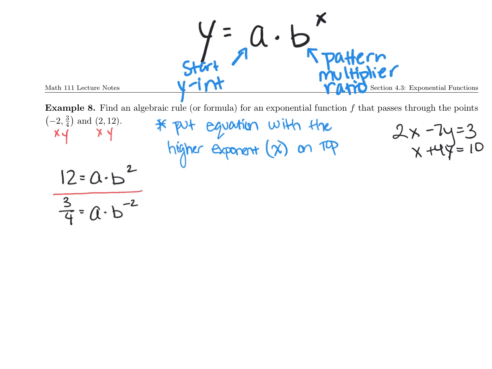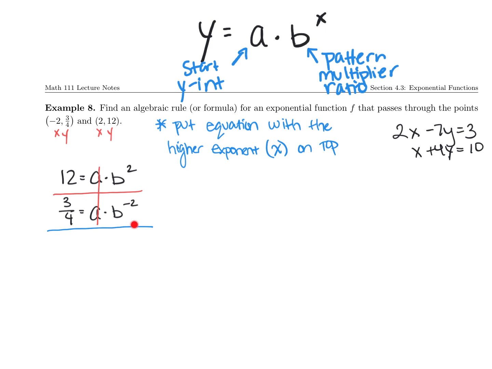Now, when I'm dividing these functions, the one I'm always going to be able to get rid of is a, because even though I don't know what a is, I know that a divided by a, or anything divided by itself, is always going to give us 1. So we can always cancel that out. And our b values, one of the reasons we might want the highest b value or the highest exponent on top, is because when I have two numbers of the same base being divided by each other, I can subtract their exponents.